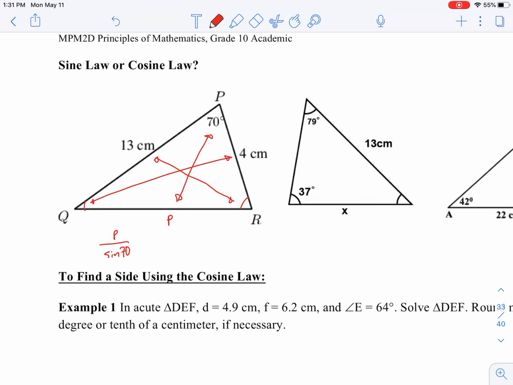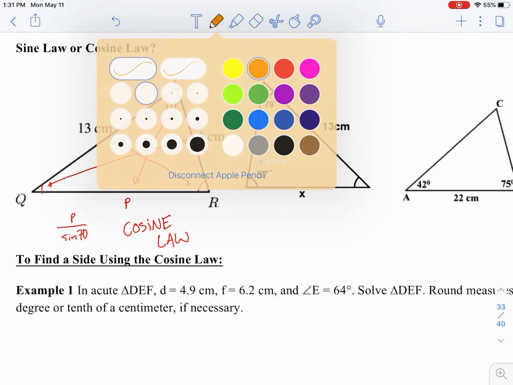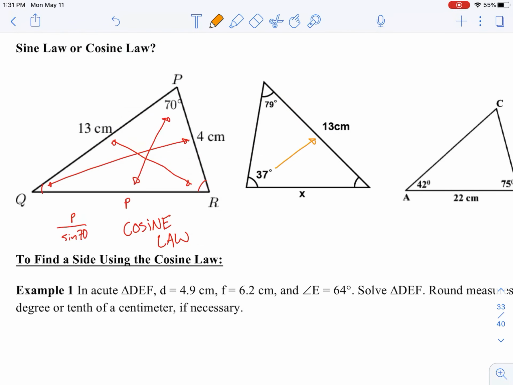Next one. If we look at this triangle over here, we have a complete ratio. There's no letters on the side of this, so let's say I call this angle A. This is equal to side A. We have a complete ratio. We can say A over sine A, which happens to be 37 here, is equal to, our next ratio will be X over sine 79.